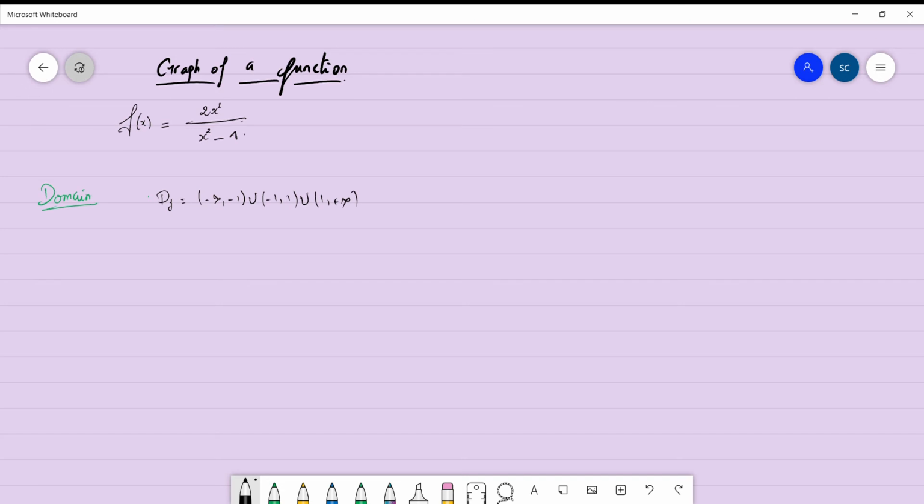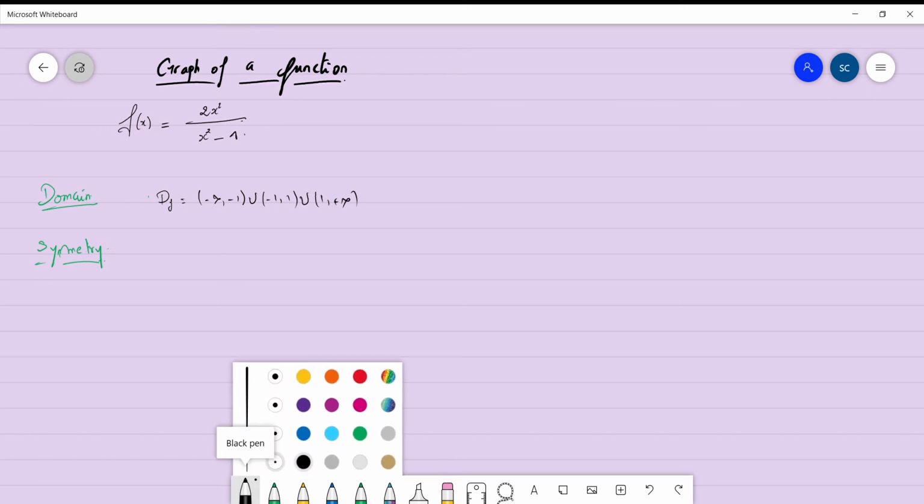Great. Is there symmetry? Yes, let's pay attention now to the symmetry for the first time. So here, yes, my function is symmetric.